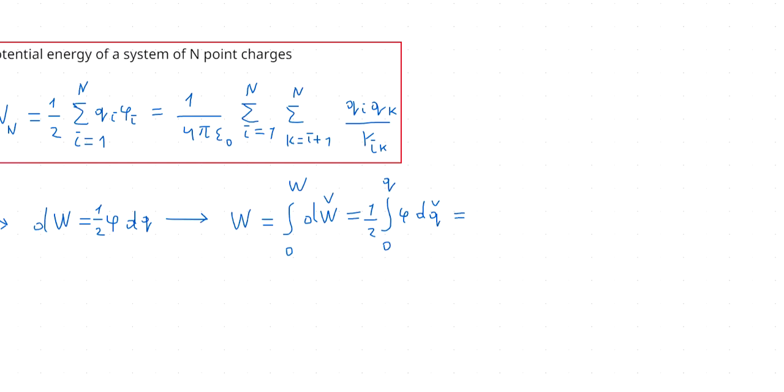And the integral of dq from 0 to q is easy to calculate. So it will be just phi q divided by 2.